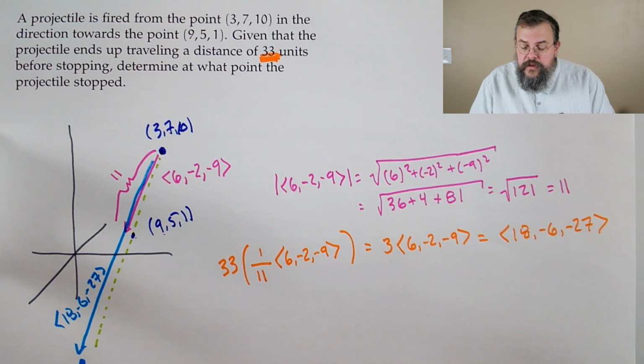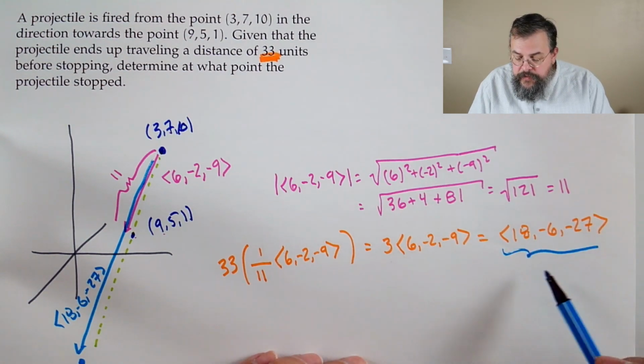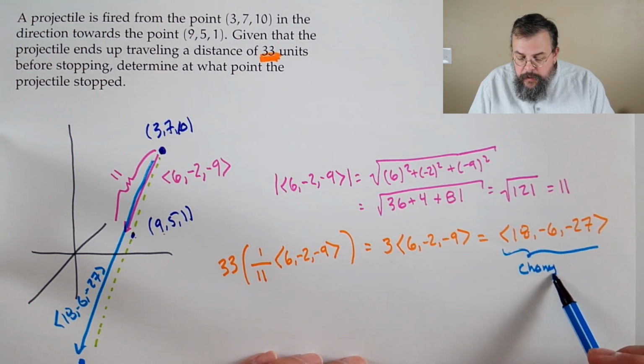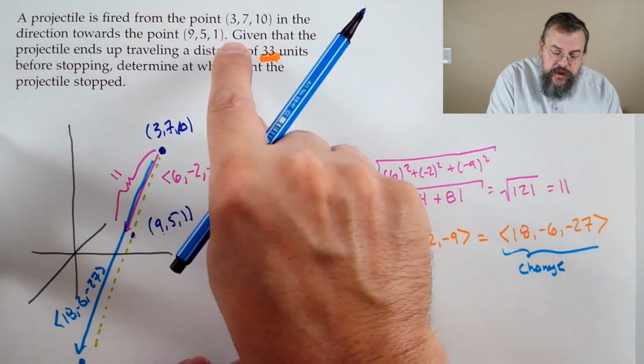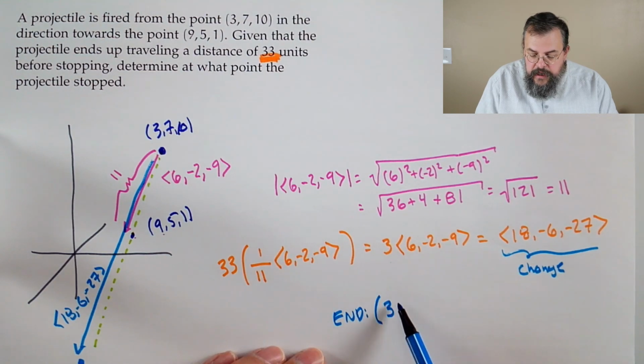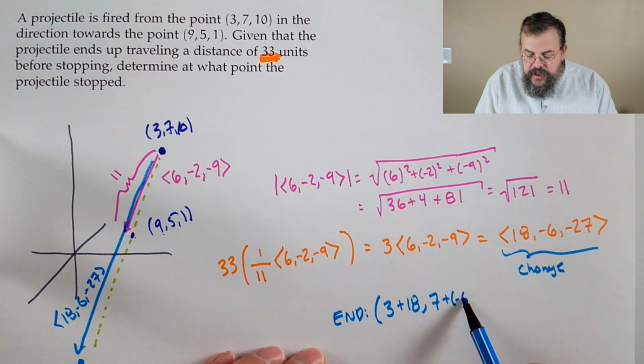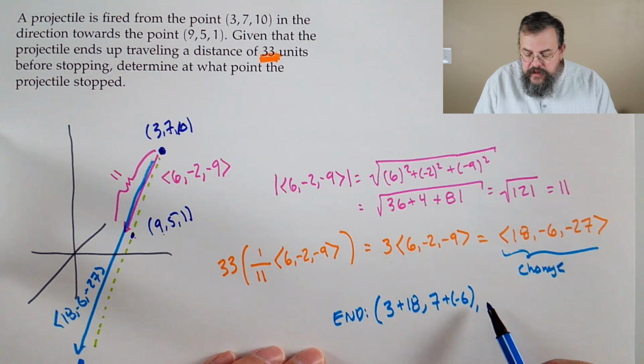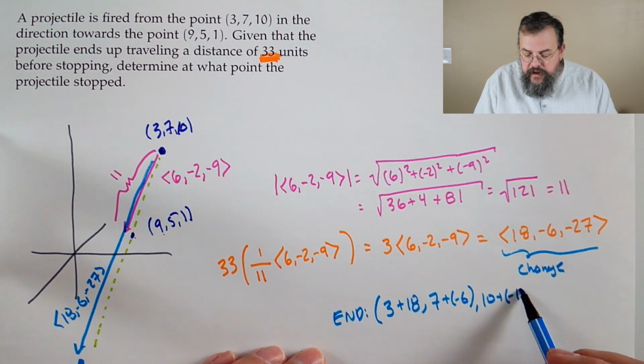Well, so now we have our change, and then we say, well, we know where we started. We started at 3, 7, 10. So our end will be at 3 plus our change, 7 plus our change, and 10 plus our change.